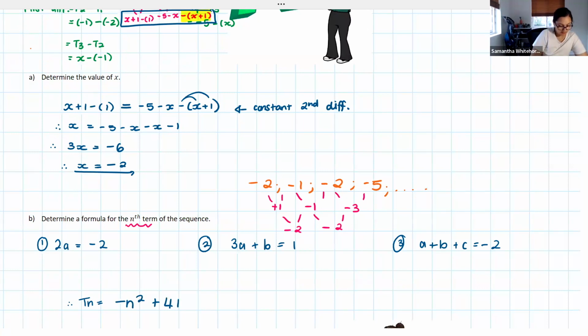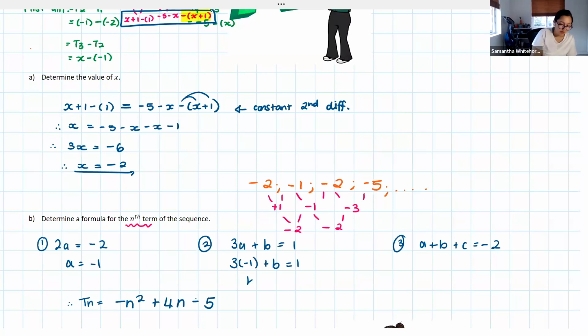Okay, guys, did we all get minus n squared plus 4n minus 5? Nice. Okay, so those three equations like I have there, so a was -1 when you substituted in.